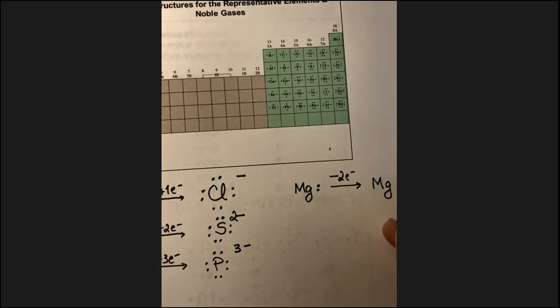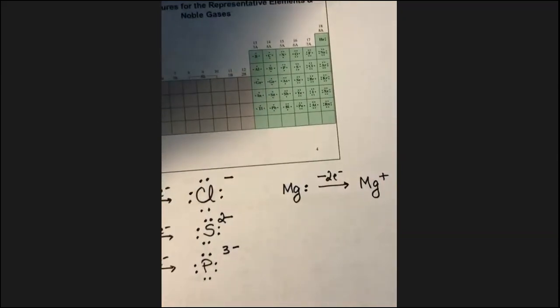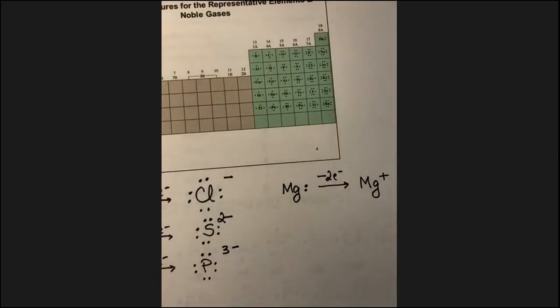Just the symbol of the element and the charge. And yeah, nothing more to it. No dots, nothing like that. So typically cations are going to end up looking just like the formula that we write for the ion without the dots.